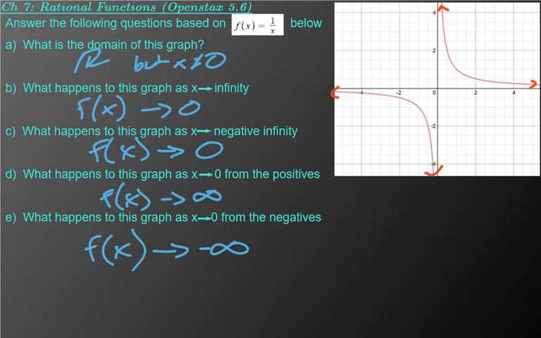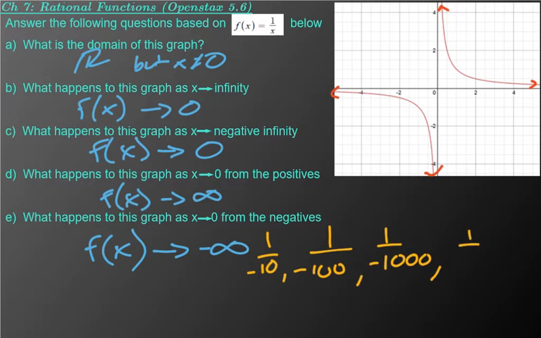Like if you plug in 1 over negative 10, 1 over negative 100, 1 over negative 1,000. So basically what I'm doing is I'm increasing the order of magnitude on the bottom here.